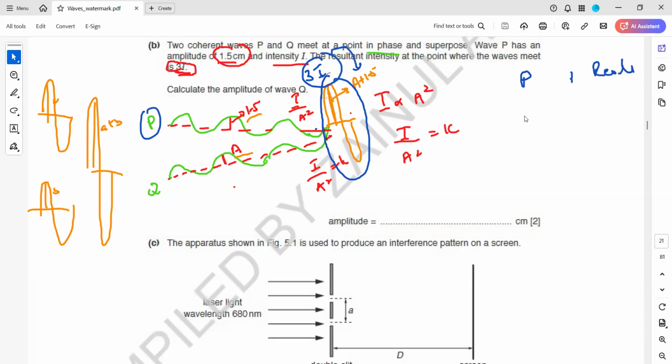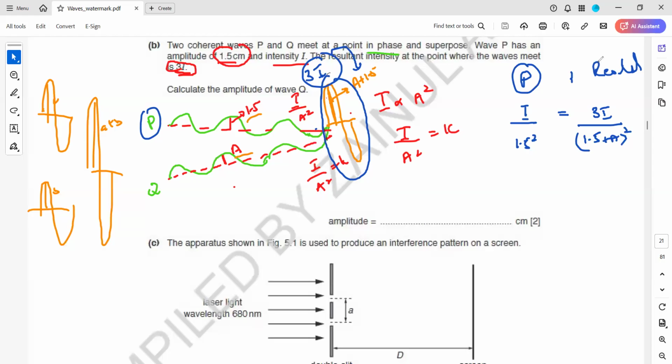The ratio is constant, so the intensity of the first wave, I, divided by its amplitude 1.5 squared, equals the intensity of the resultant wave, 3I, divided by the amplitude of the resultant wave. What is the amplitude of the resultant wave? It is (1.5 plus A) squared.